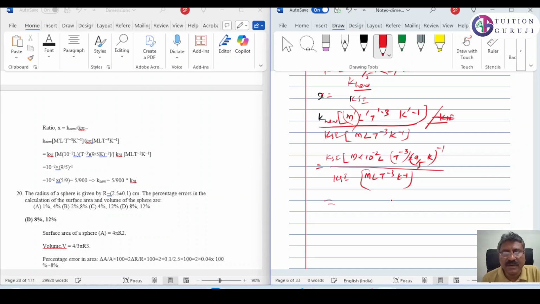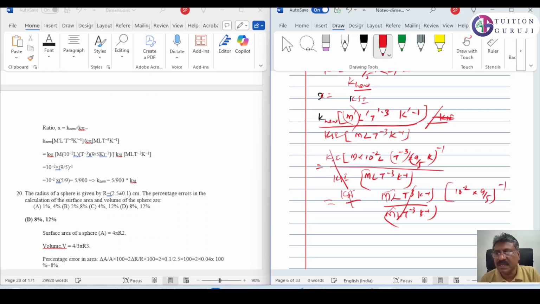So what will happen? K_SI gets cancelled, then M L T raised to minus 3, K raised to minus 1 divided by M L T raised to minus 3, K raised to minus 1 cancels, and what is left is 10 raised to minus 2 into 9 by 5 raised to minus 1.